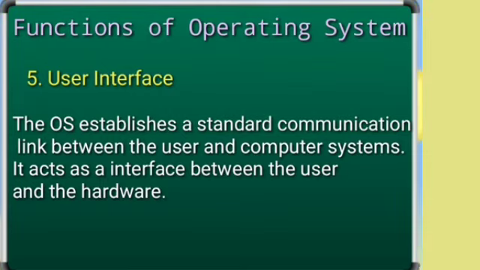The computer is made up of hardware devices, and we as users give instructions with the help of software. So the operating system is the base, or you can say a mediator, an interface which connects both user and hardware. I hope you have understood the different functions of the operating system, whatever it does for our computer. This is one of the software which has all the controlling power of the computer system.